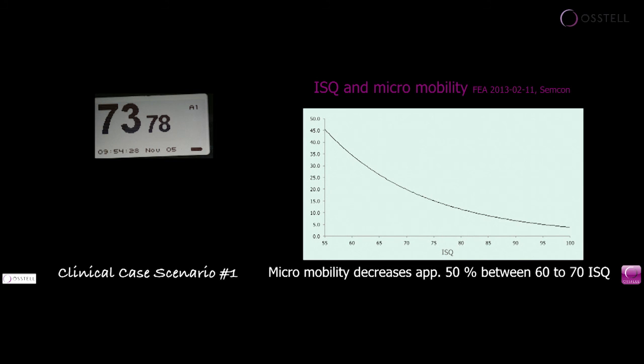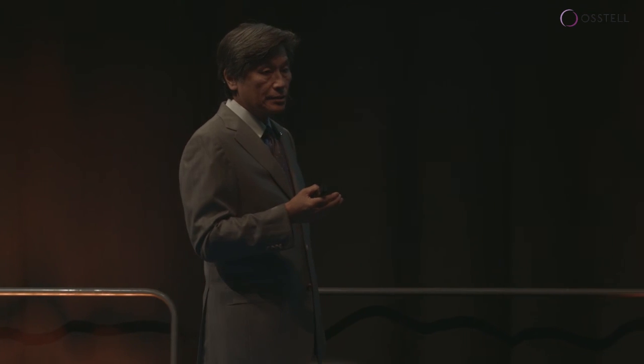So, Marcus mentioned about micromobility, and this is the main difference between the use of the resonance frequency analysis compared to insertion torque, amongst many other things. Because insertion torque does not give you a measurement of micromobility. It only gives you the frictional resistance that you get when you're turning that implant in.